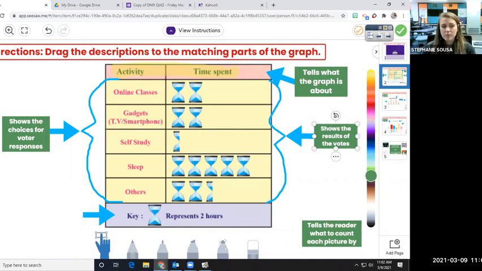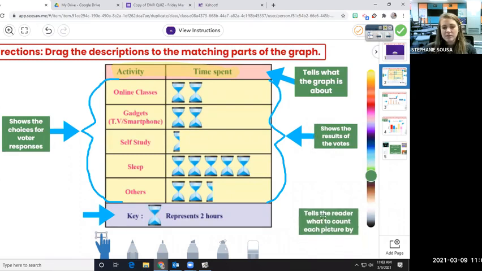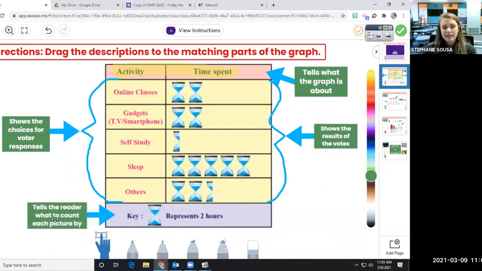Aiden G is holding up a timer hourglass there. And then our key is the only one left, and hopefully that is what tells the reader what to count by, and it does. Tells the reader what to count each picture by. That is our key. Any questions over the parts of picture graphs?